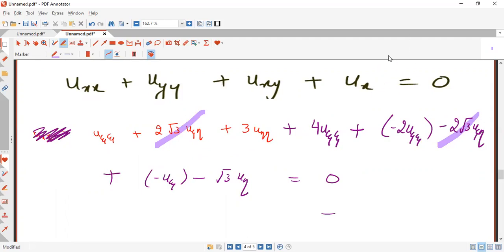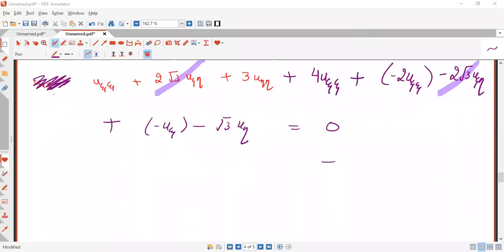Collect the like terms and basically add the coefficients here. See what you're getting. So we're getting 3 u xi, u eta, right? Xi done, eta done.